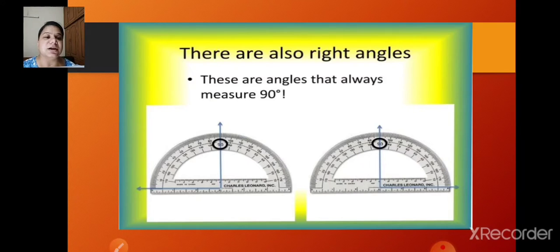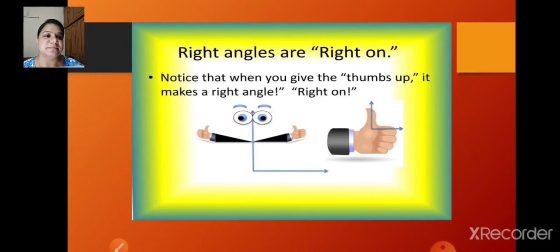Now here there are two angles we have drawn. These are angles which always measure 90 degrees. So these are the right angles. So an angle whose measure is 90 degree is called a right angle. So you remember when you have to give a thumbs up, you always say right bro.